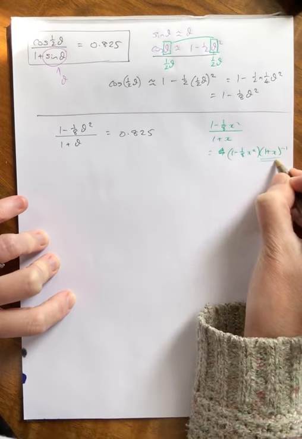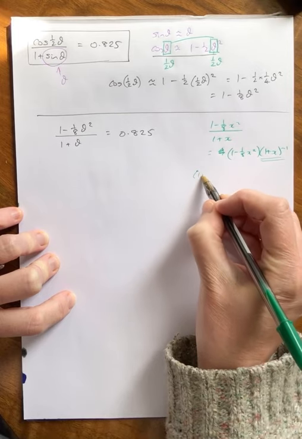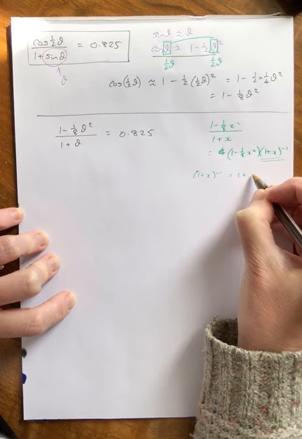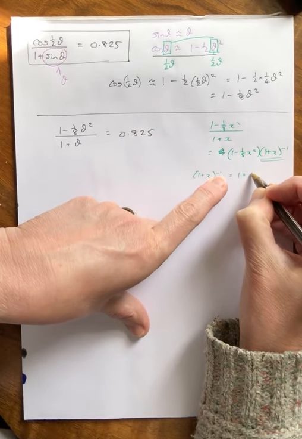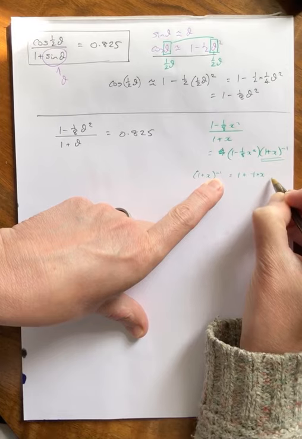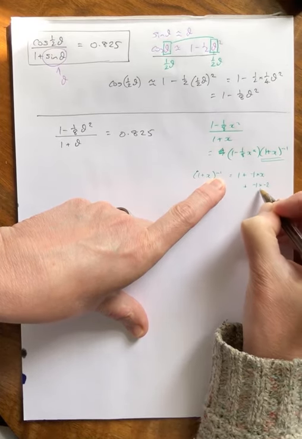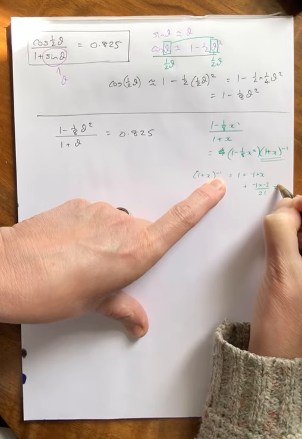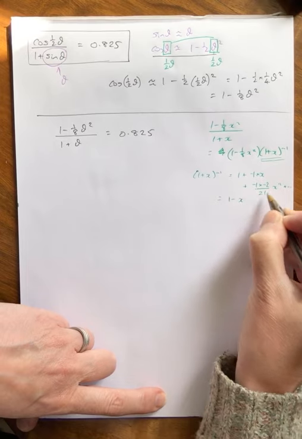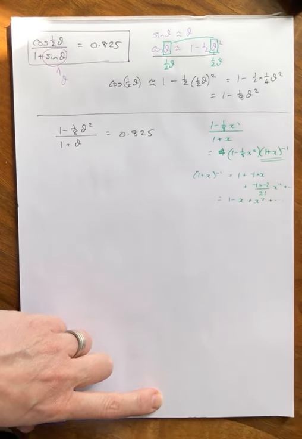You would get an expression for that. So we can say 1 plus x to the power of minus a half: 1 plus n times x, where n here is negative 1, plus n times n minus 1, negative 2, over 2 factorial times x squared, and so on. So 1 minus x plus x squared will be that expression.